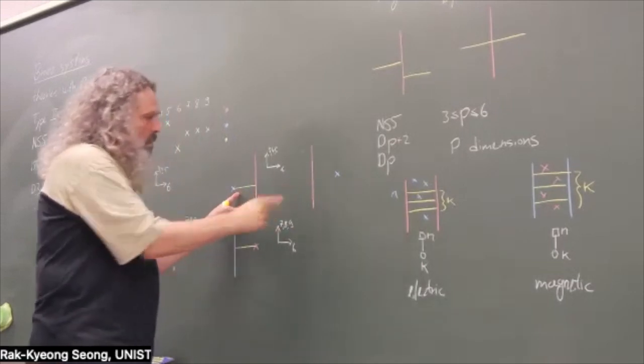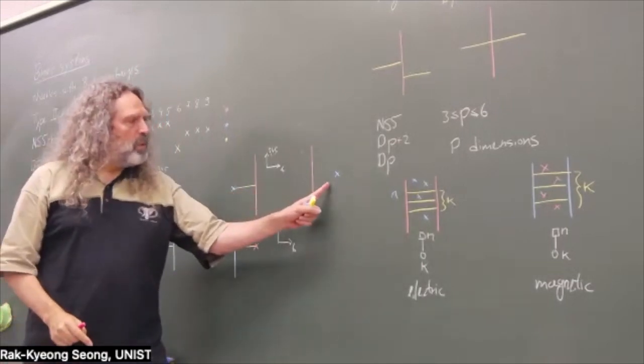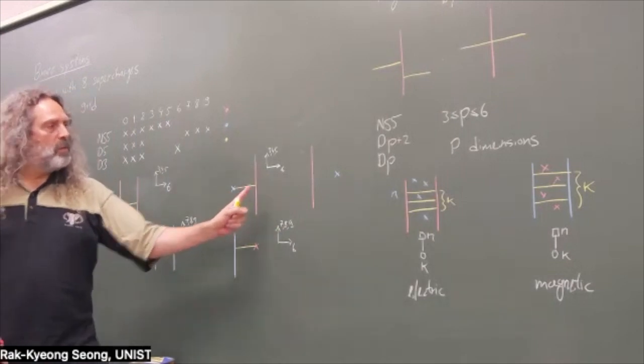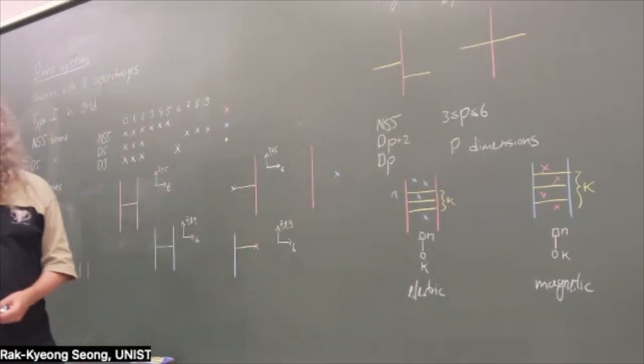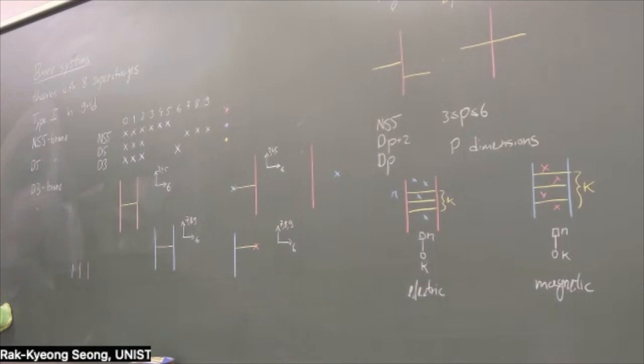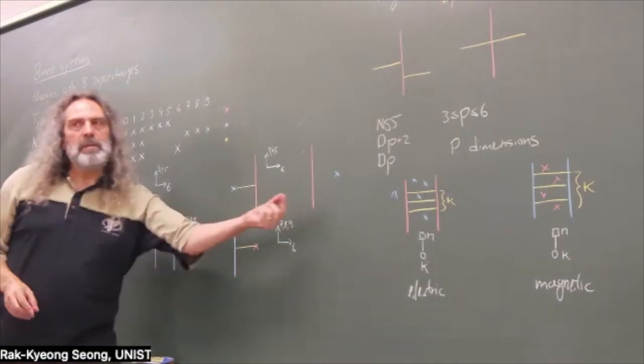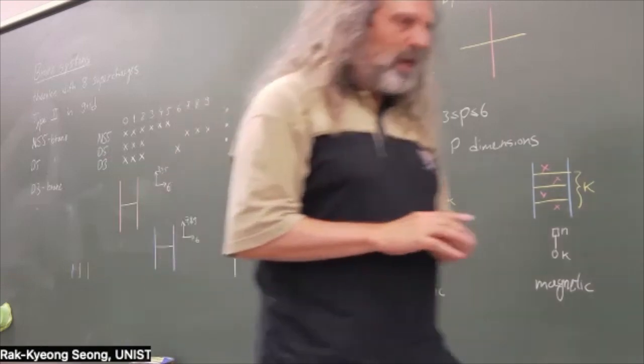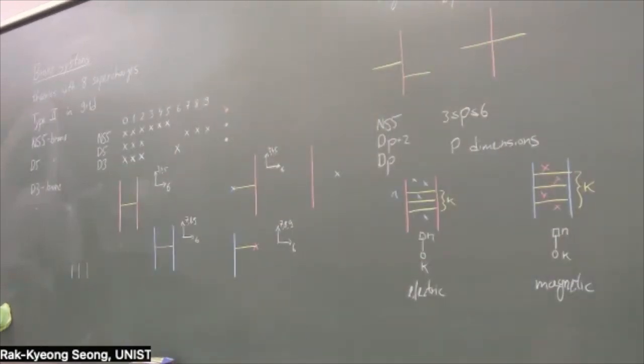And now, if I move from here to here, there is brane creation. If I move from here to here, there is brane annihilation. So that's one of the effects which happens when I deal with such brane systems. I have to take this into account. If I don't take it into account, I make a mistake, and then I could get wrong results.